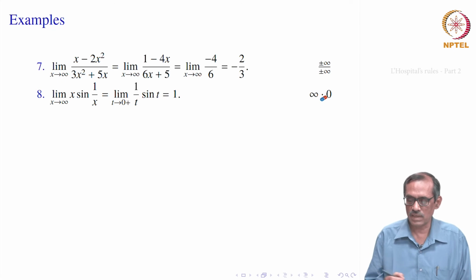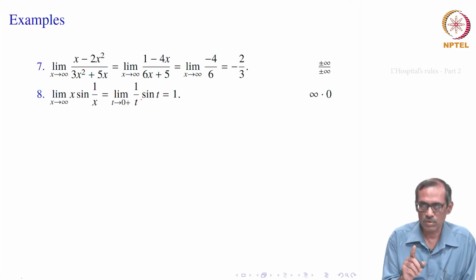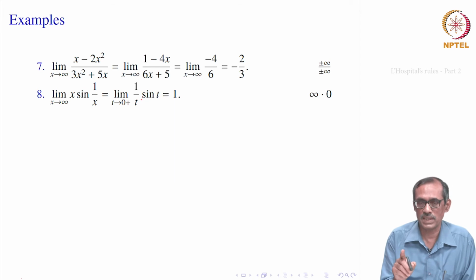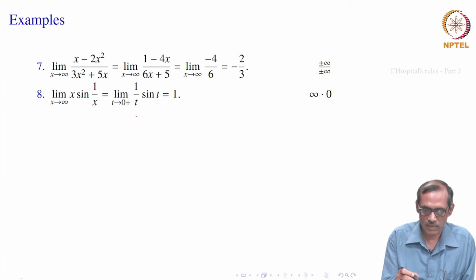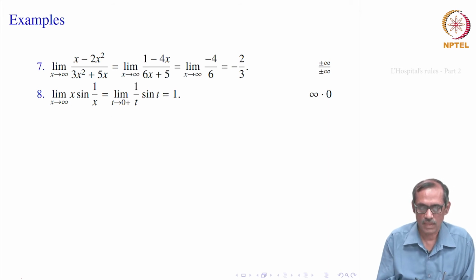Okay. So, with this indeterminate form, let us see what happens when you apply L'Hopital's rule. But L'Hopital's rule requires it to be in the form 0 by 0 or infinity by infinity and so on, not a product directly. So, we look at it in a different way. We say t goes to 0 plus, it is 1 by t into sin t, right.